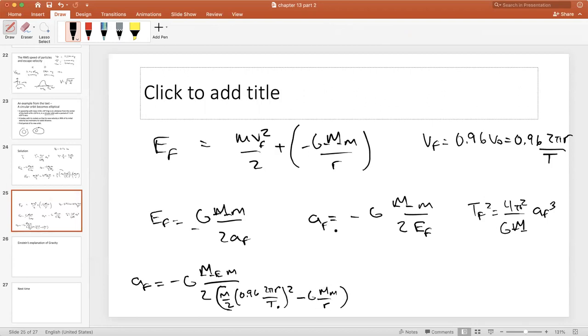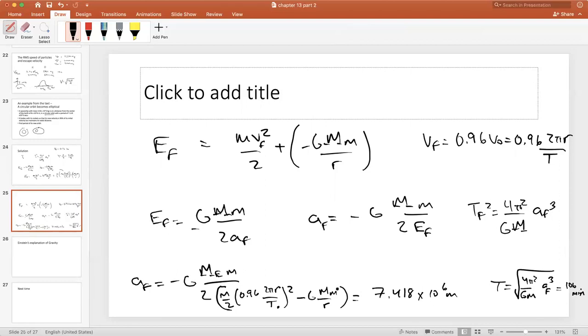If you do that, what you find is you get 7.418 times 10 to the 6th meters. Once you have that, if you plug that into 4 pi squared over GM times a final cubed, you get that this is 106 minutes.